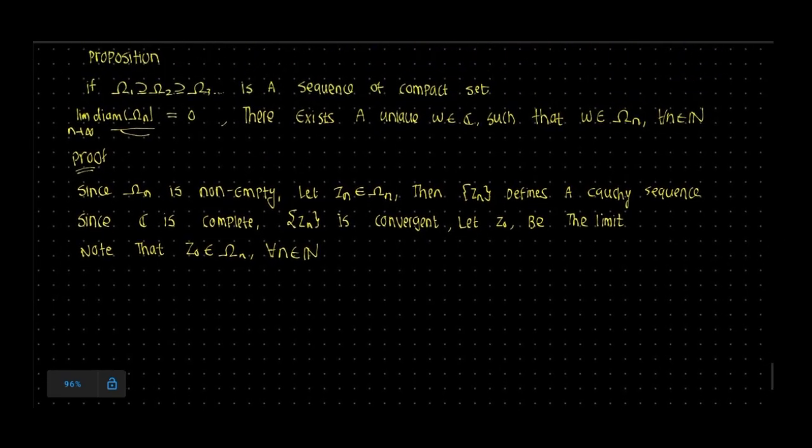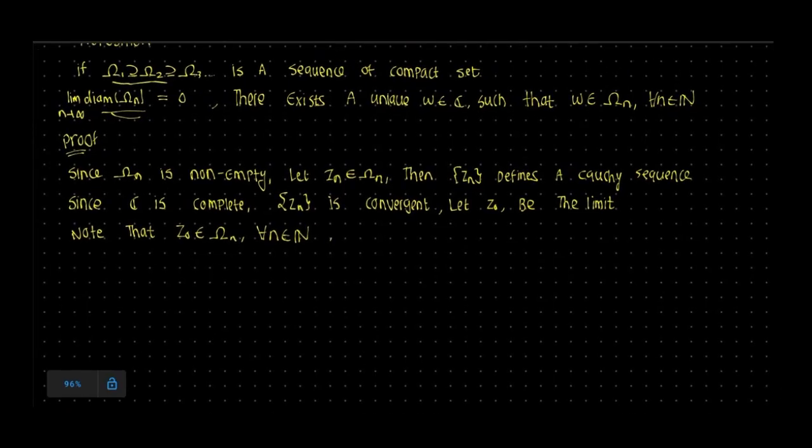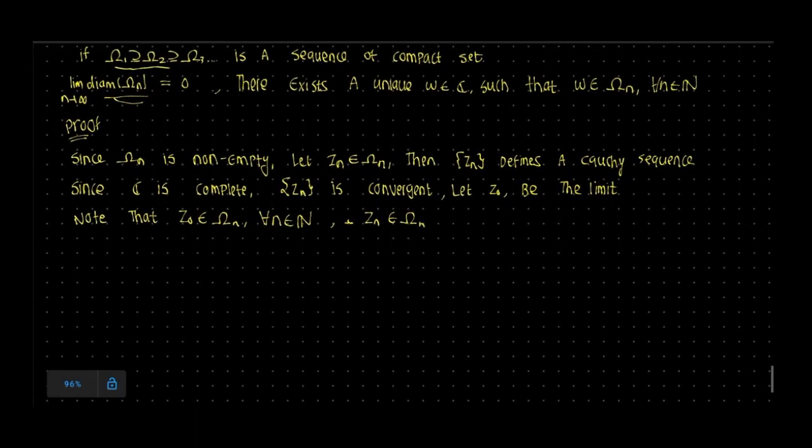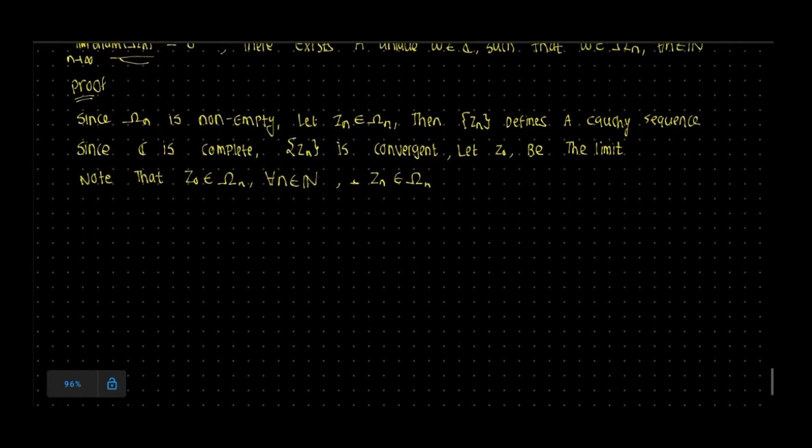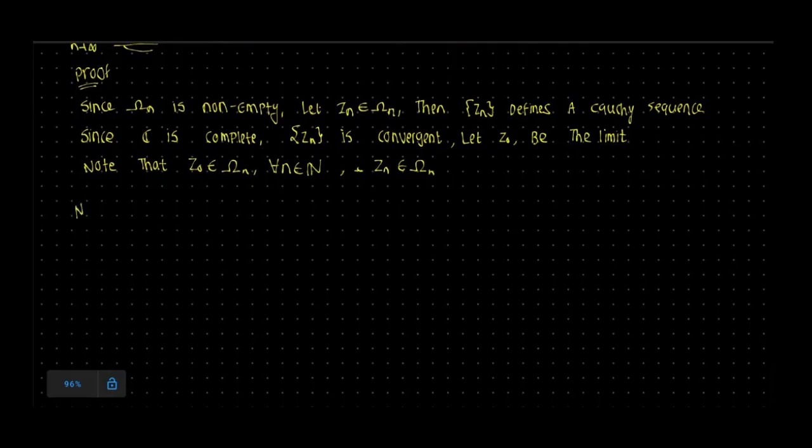That is because of the following relation. Since z n belongs to omega n, and z naught is a limit point of omega n, we can argue this. Now we will prove the uniqueness of this z naught.